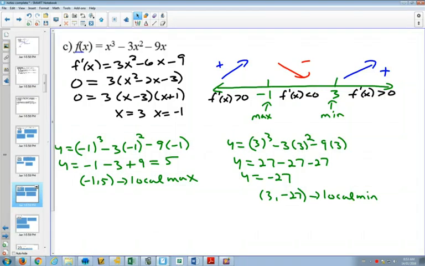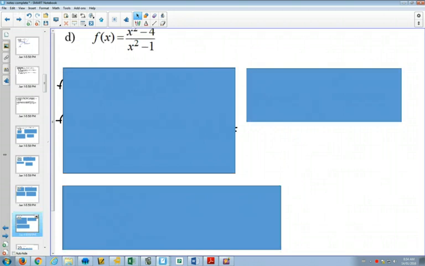So -1, 5 is a local maximum, and 3, -27 is a local minimum. And finally, this last one has some non-permissible values which you have to include in there.